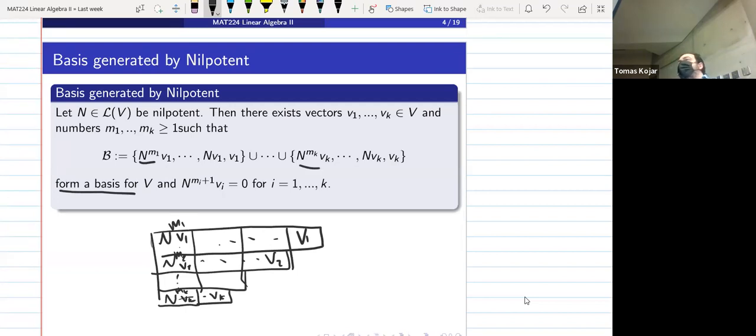Look at v1 and v2. If you act on them with N, they go to zero.